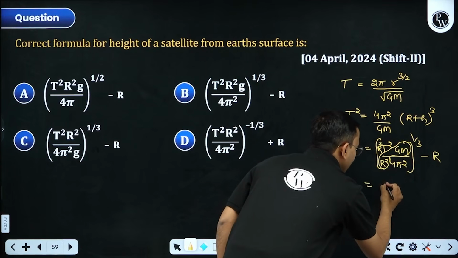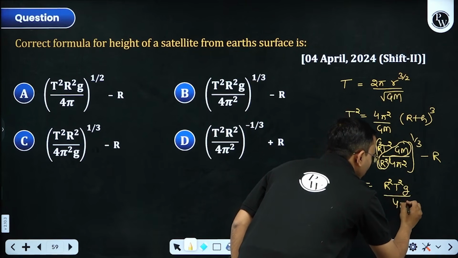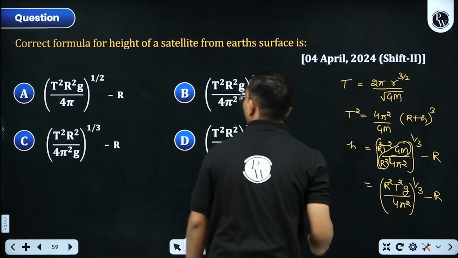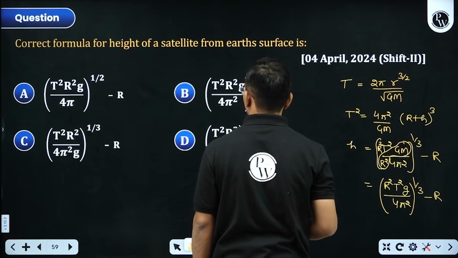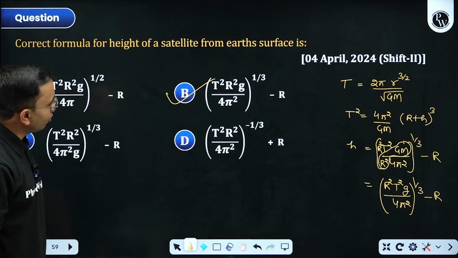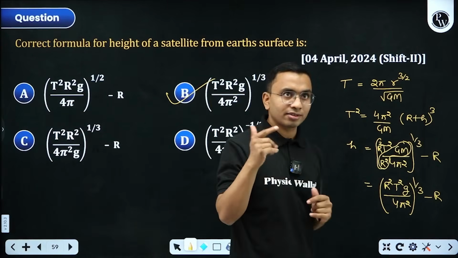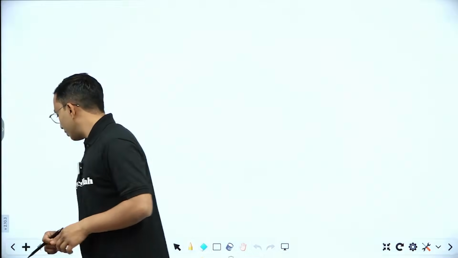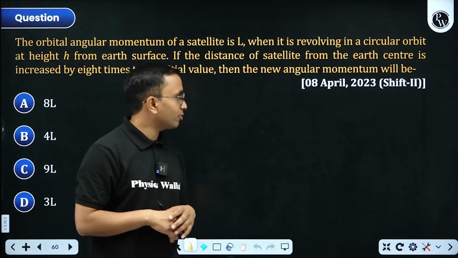So this will become (R square T square g by 4 pi square) whole to the power 1 by 3 minus R. I hope this is correct. Don't remember this. You may say, sir, should we remember this result? No. Quickly you can write it, like some variations can be there. The same thing he is asking, but you just need to arrange the variables properly.